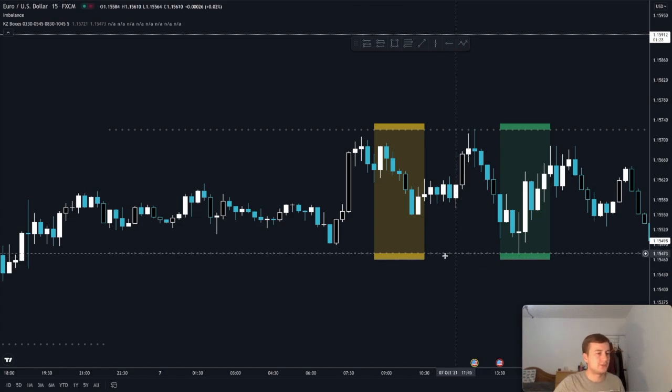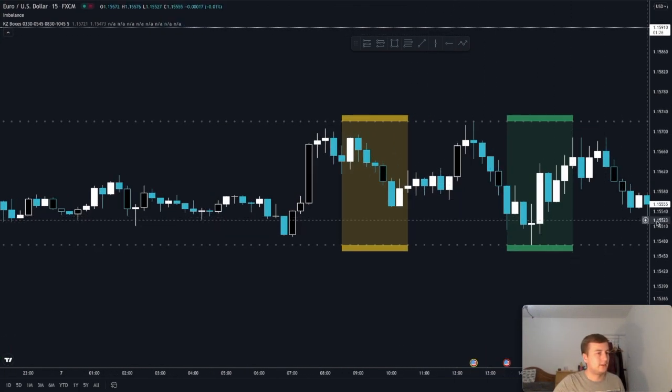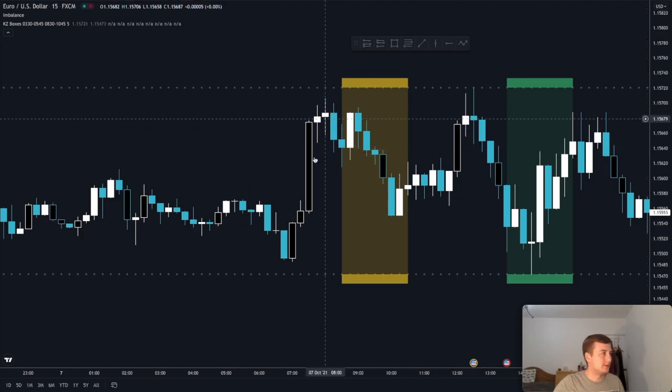Okay, so basically you want to install your indicators, add your indicators. So this is the imbalance indicator. Just go on the indicator section on TradingView and type in imbalance, and it's the first one.